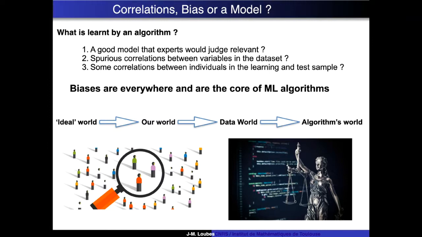So everyone knows that correlation biases are everywhere in the world. That's at the basis of a machine learning algorithm. But when you try to transform the observation into a model, then you may amplify bias because, in fact, you want the model to be used in our world by looking only at the image of the world through the data.